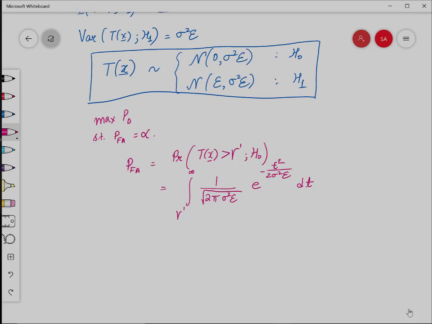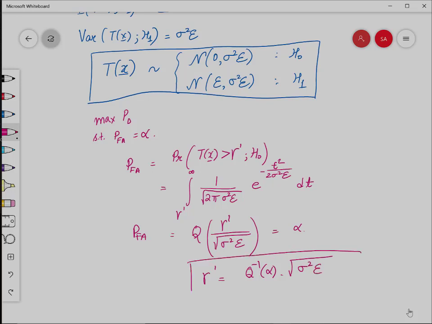This is equal to, in Q function notation, Q of gamma dash divided by the square root of sigma square E. Okay, so this is my probability of false alarm, and if I equate it to alpha, I can get from here gamma dash, the threshold, to be Q inverse of alpha times the square root of sigma square E.